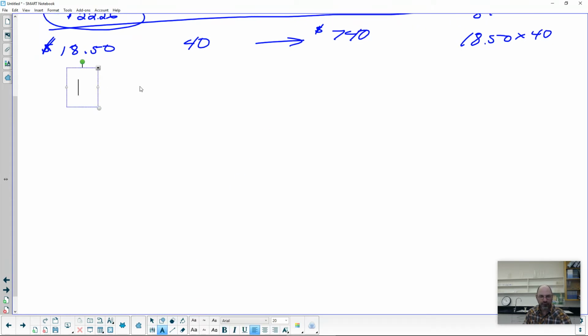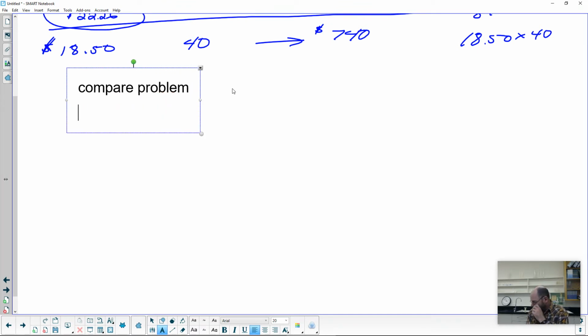This is a compare problem. Find who has the higher gross income.